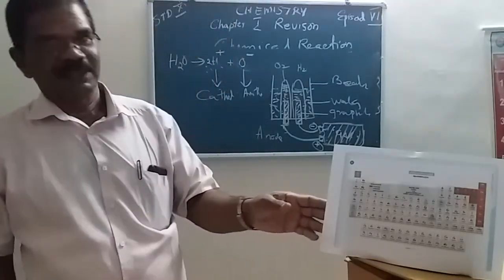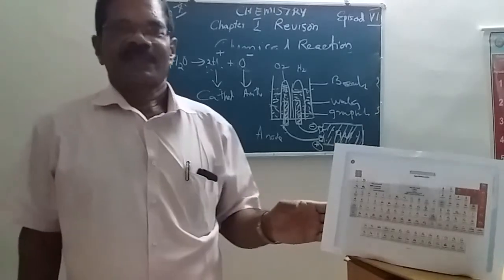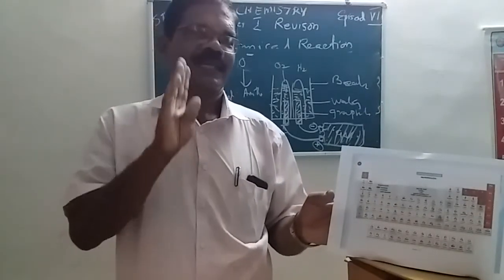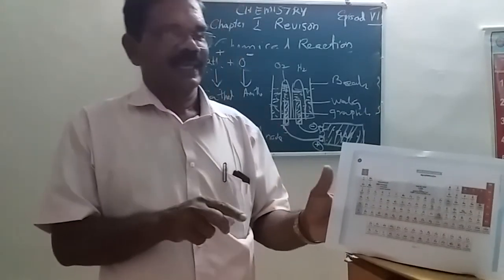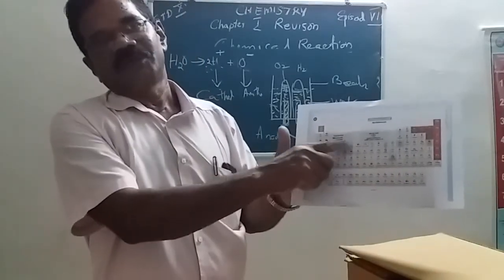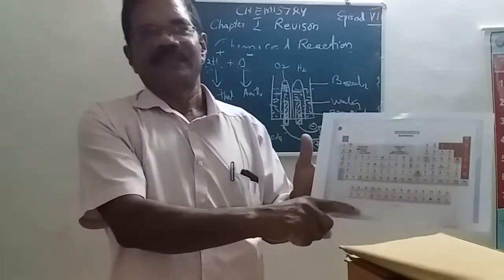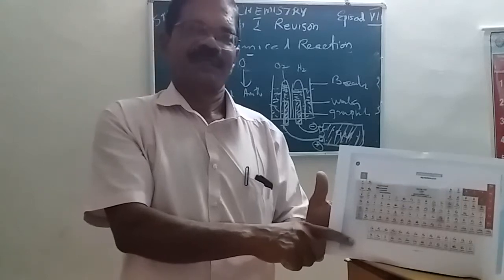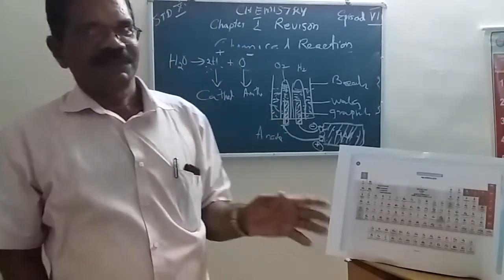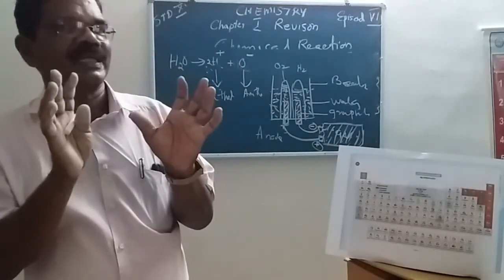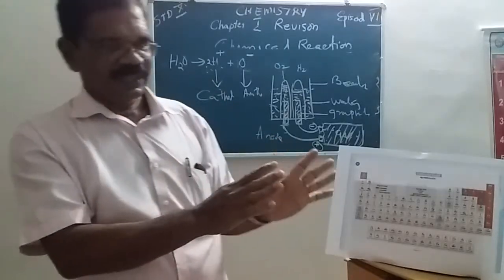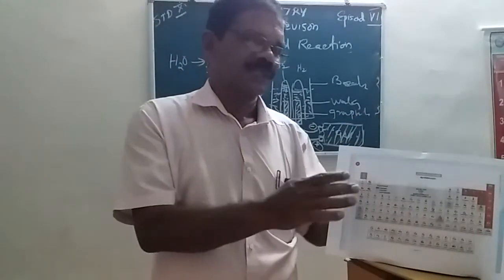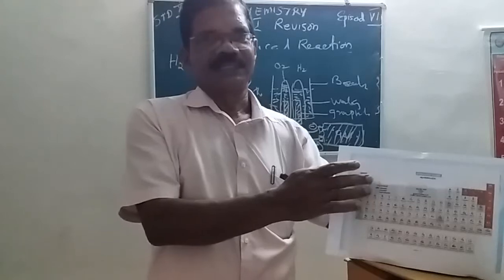Now I have to give one activity. If you are a science student, a small periodic table like this can be placed on the study table. Whenever you are studying chemistry, you can have a look at the periodic table. How can you produce a periodic table like this?